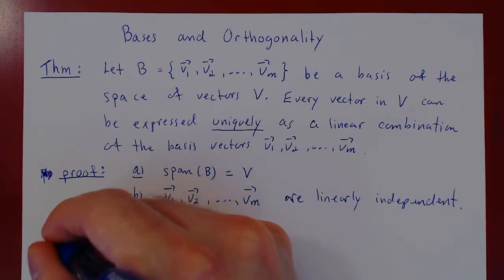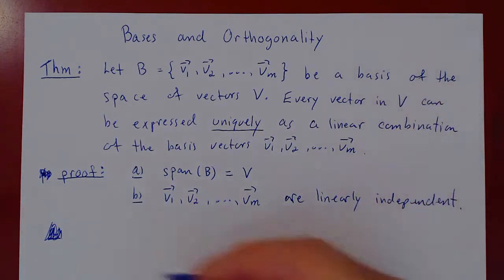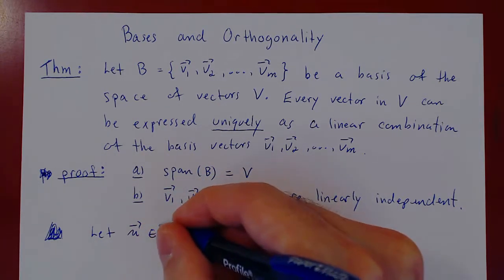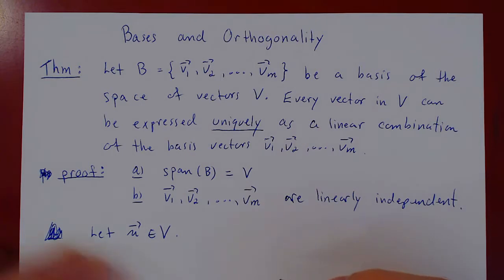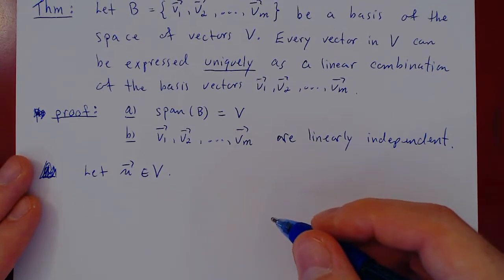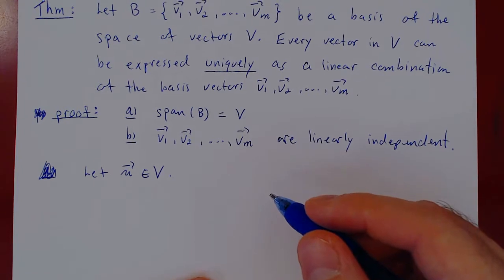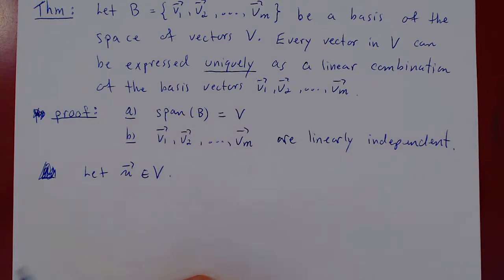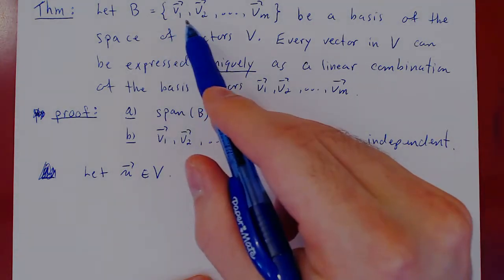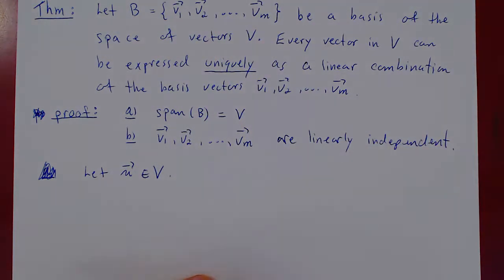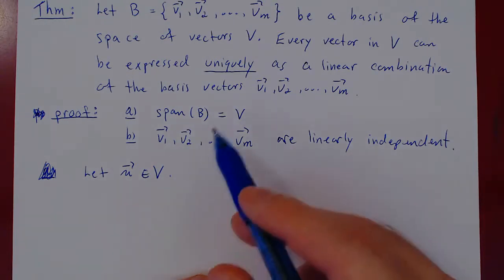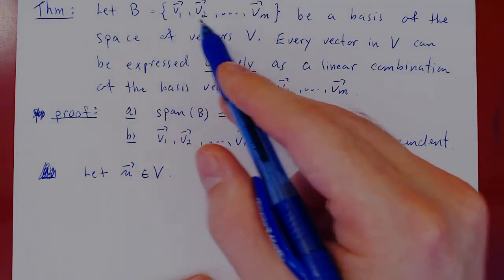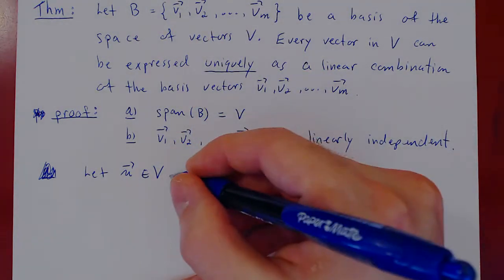So first, property A implies what? Let me start by picking an arbitrary vector in V. So let u be some vector, any vector that you want in V, in the space of vectors. Well, because B is a basis, the span of B is the entire space, but the span of B is simply the set of all linear combinations of the m vectors v1 to vm. So that means that any given vector in V must be expressible as a linear combination of these m vectors.